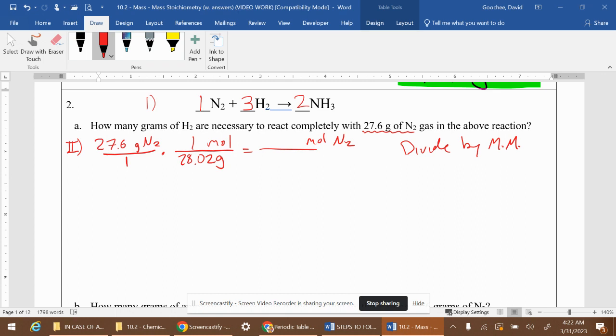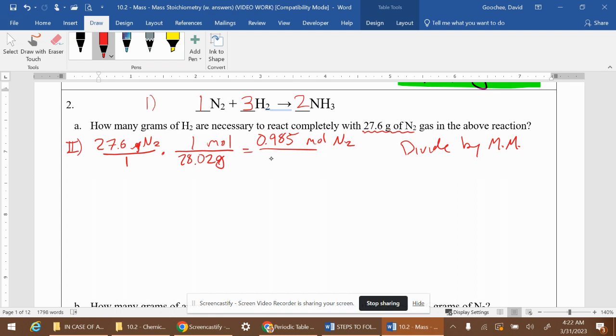So grams cancel. 27.6 divided by 28.02. Doing it in my calculator, it's going to be almost exactly 1. Yeah, it's going to be 0.985 moles of nitrogen. Good. Now we have it in moles of nitrogen. We can move on to the next step.